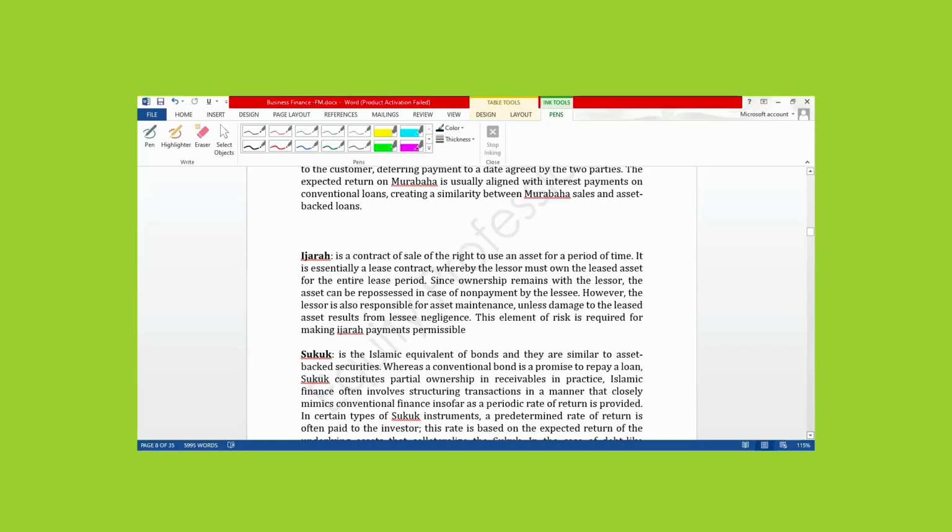When money is generated, a certain percentage will be distributed to the investors in Sukuk. A certain percentage will be kept to maintain the facility. Returns will be paid to the investor, but the principal amount will not be repaid.